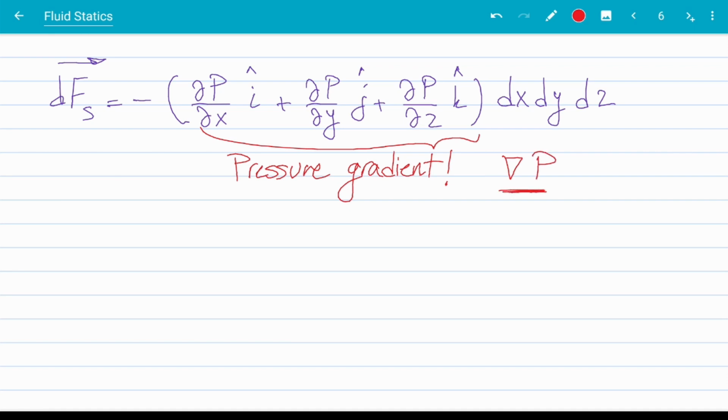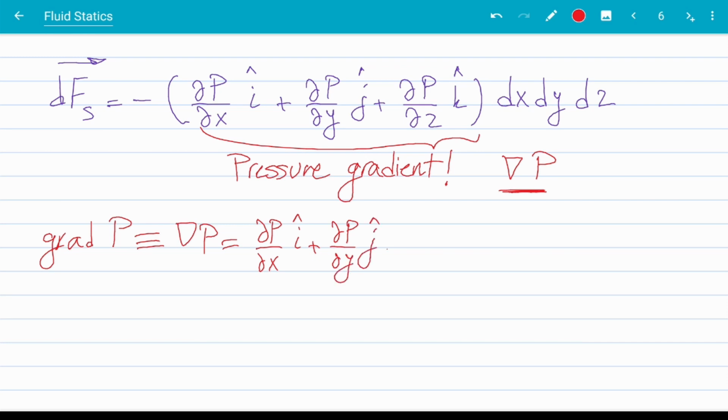So just to be clear, gradient of P, we show it like this, is equal to partial P partial x in i direction plus partial P partial y in j direction plus partial P partial z in k direction.